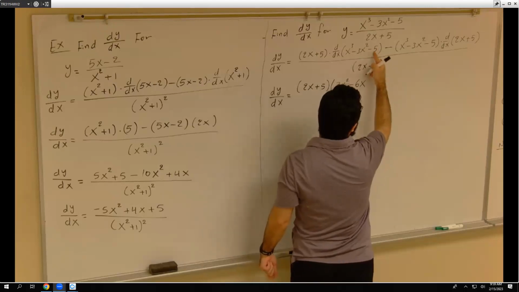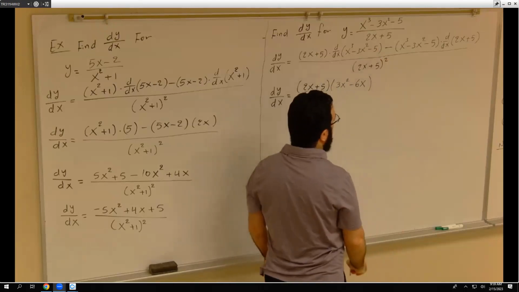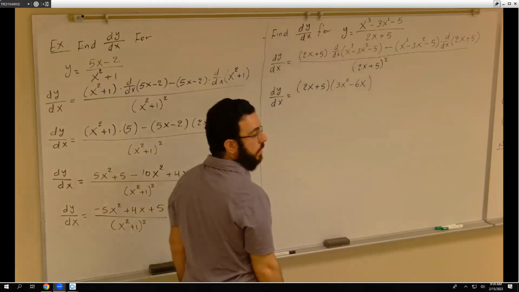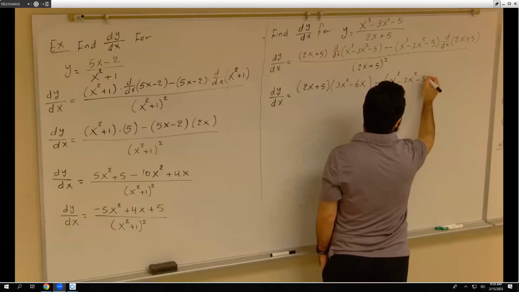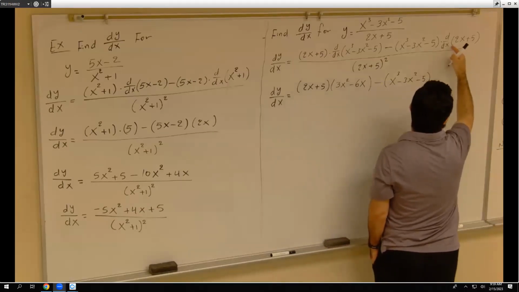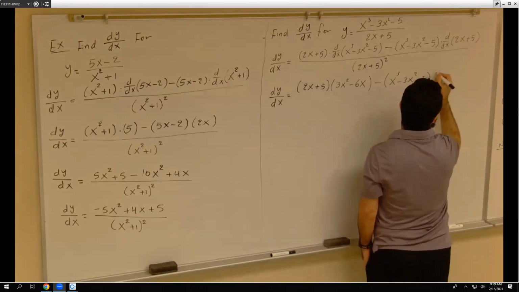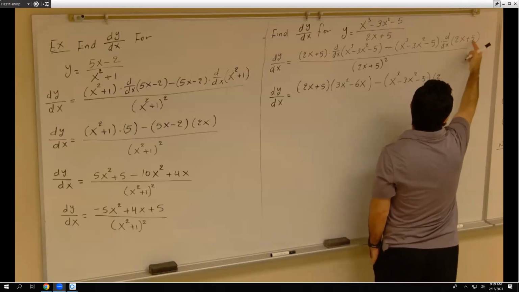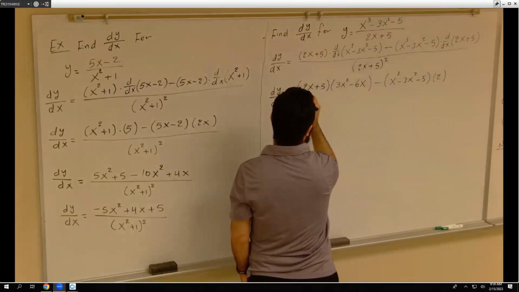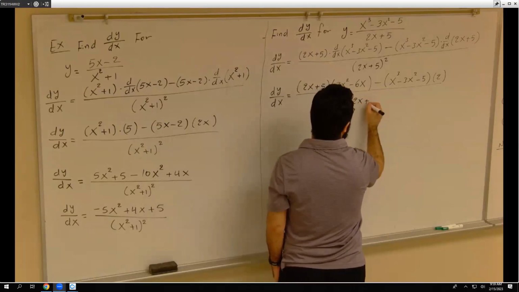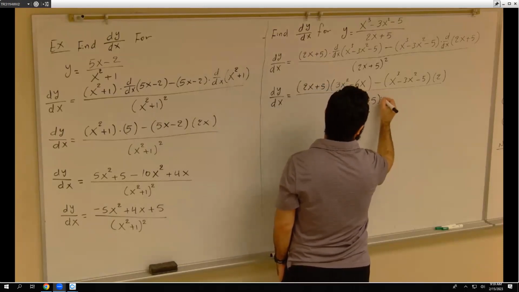The derivative for the constant is 0, that's it. Minus, here is x cubed minus 3x squared minus 5. The derivative for 2x is going to be just 2. The derivative for the constant is going to be 0. And everything is divided by 2x plus 5 squared.